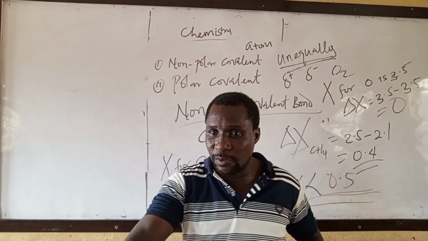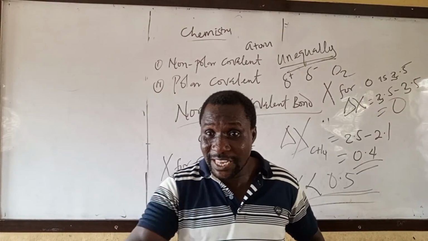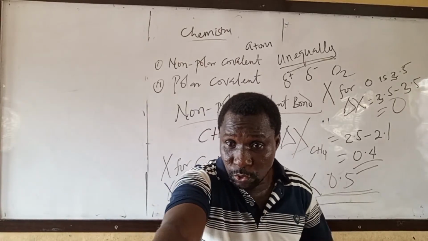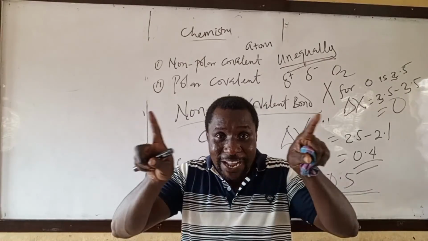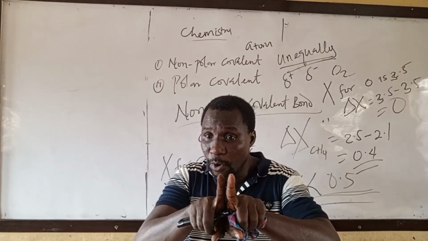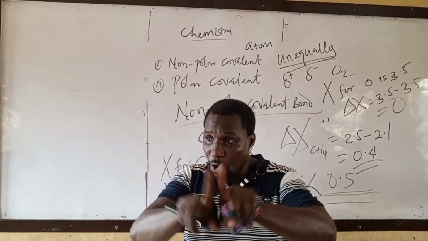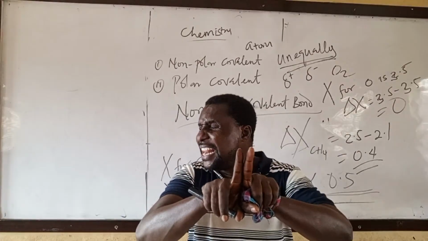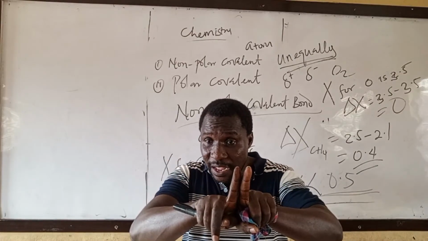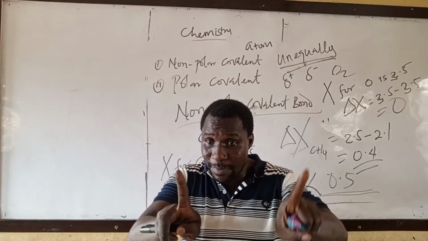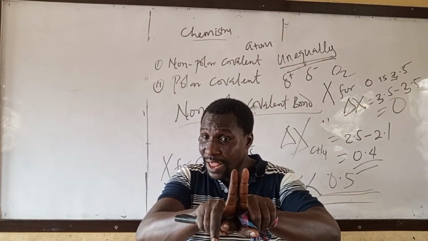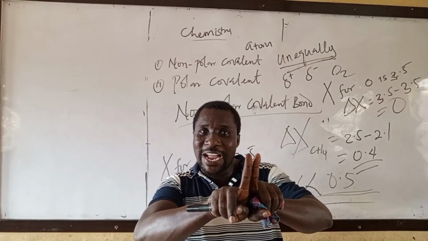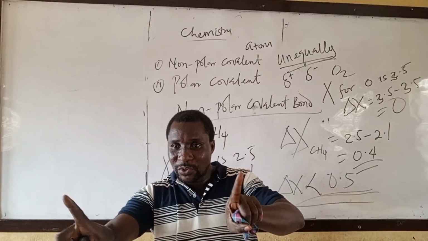It's just like I want to share something with one of you students now. Because I'm stronger than you, instead of us sharing it equally, I want to pull it towards myself. When two non-metals come together to form a covalent bond, instead of sharing the electron equally, the stronger one wants to take all the electron.